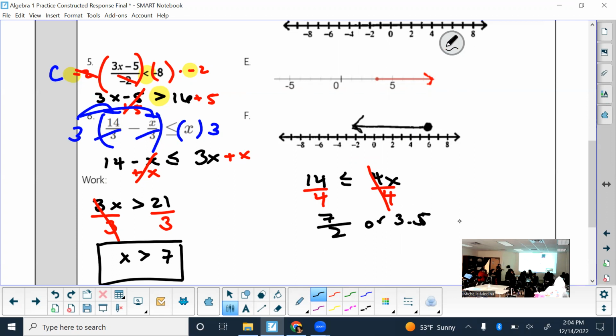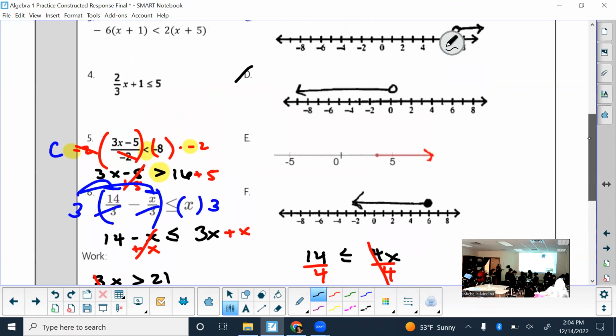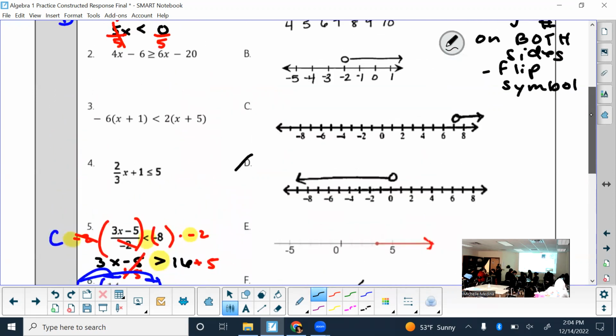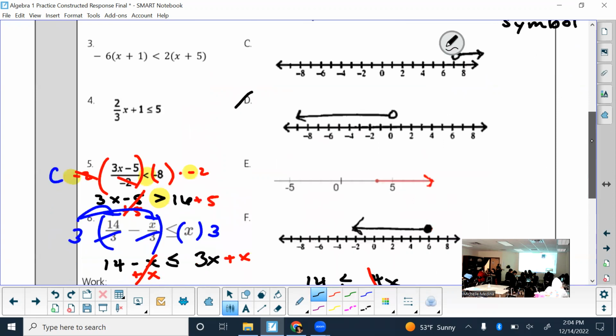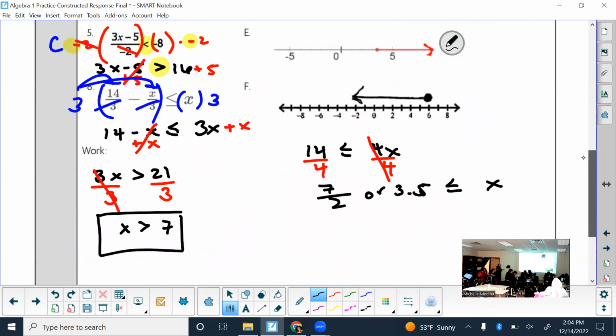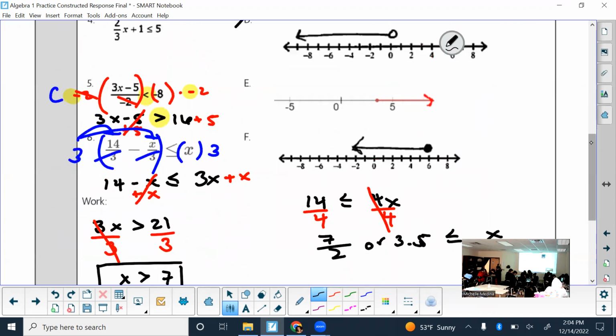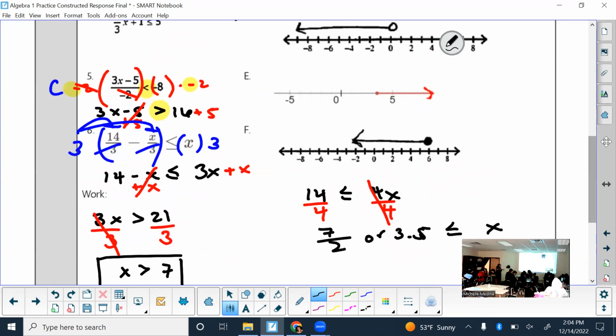And then less than or equal to x, because the sign does not change since we divided by a positive. And then which graph does that best match? That's probably graph E. Well, B has an open circle. E. It is E, most definitely.